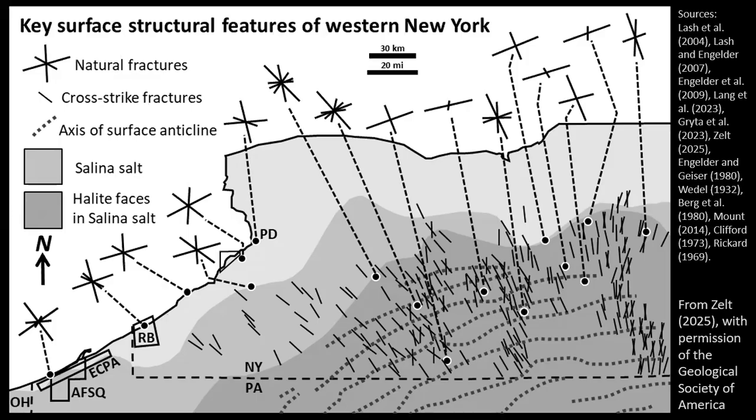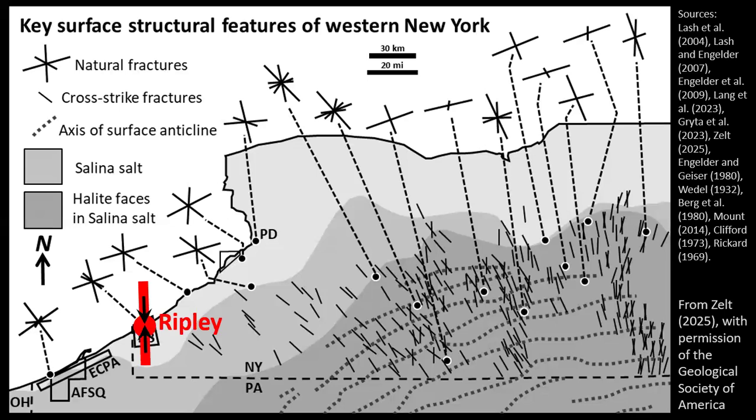Alleghanian compression in our western New York study area was oriented northwest-southeast. The lines outside the gray map area show generalized orientations of joint sets. As has been said by many researchers, the joints likely formed during deep burial and were influenced by Alleghanian tectonics, perhaps with enhancement during later uplift.